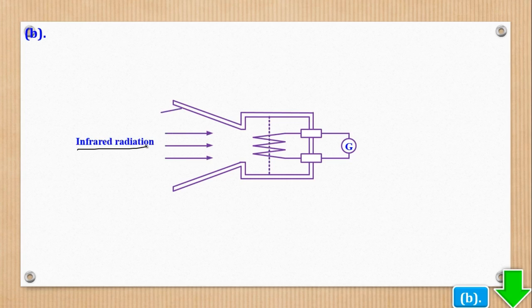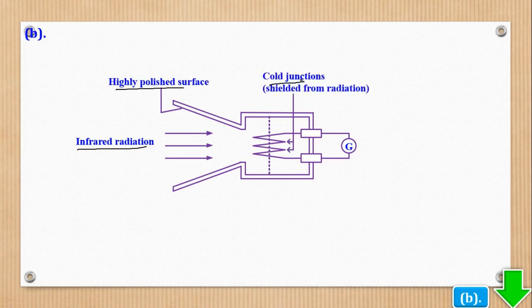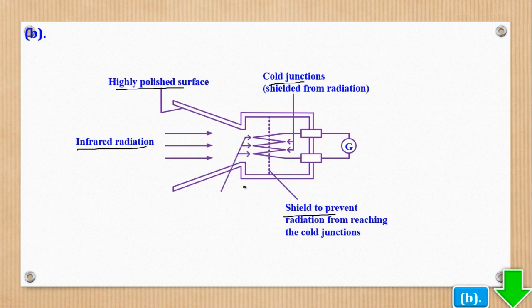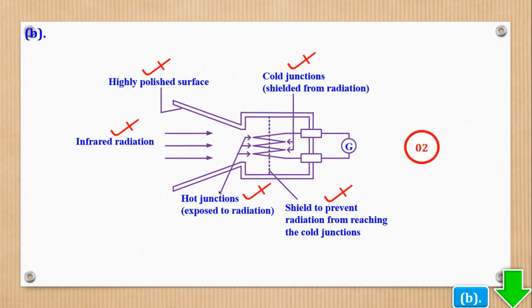So this is the infrared radiation, then that is the highly polished surface. These are the cold junctions shielded from radiation. This is the shield to prevent radiation from reaching the cold junctions. And these are the hot junctions. So with the diagram and any 4 labelings, you could get yourself the 2 marks.